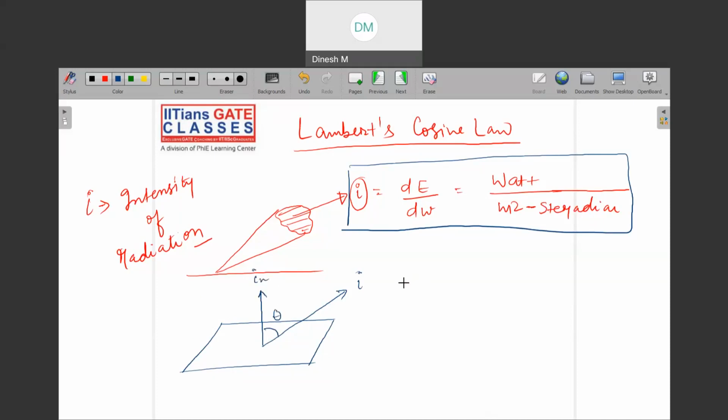What I am trying to say is that if you know the intensity of radiation in any given direction, then I am willing to find out what is the normal intensity of radiation I_n. So I_n is the normal intensity of radiation.